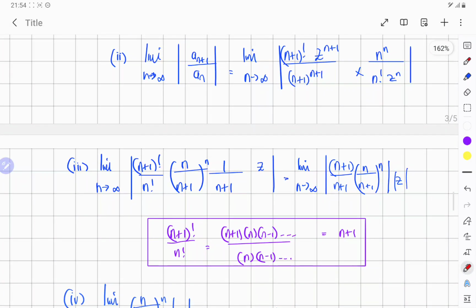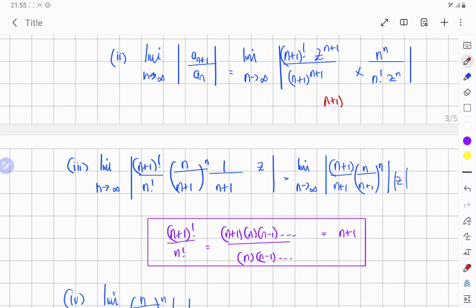Now, what I also did here, I did (n+1) to the power of (n+1) will be (n+1) to the n and (n+1) to the power of 1.